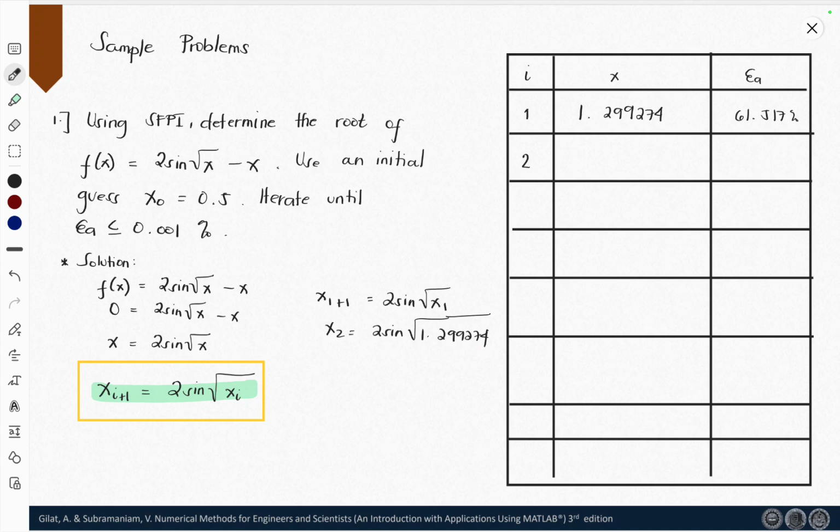So we have 2 sine square root of 1.299274. So the value here is 1.817148. So we repeat that in class until such time that your approximate error is less than or equal to 0.001%.